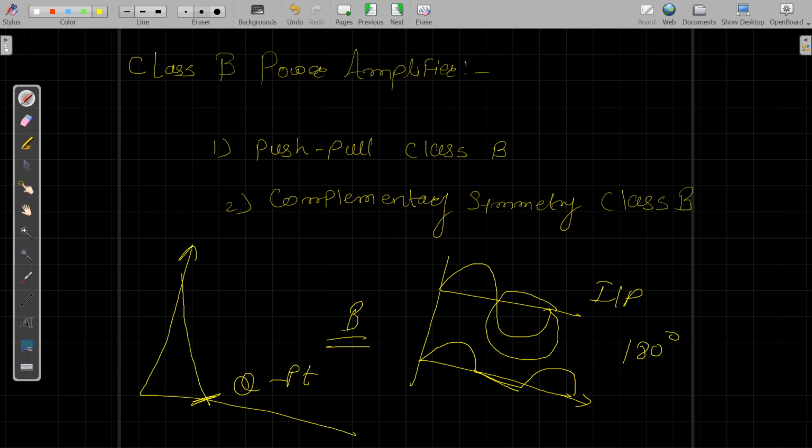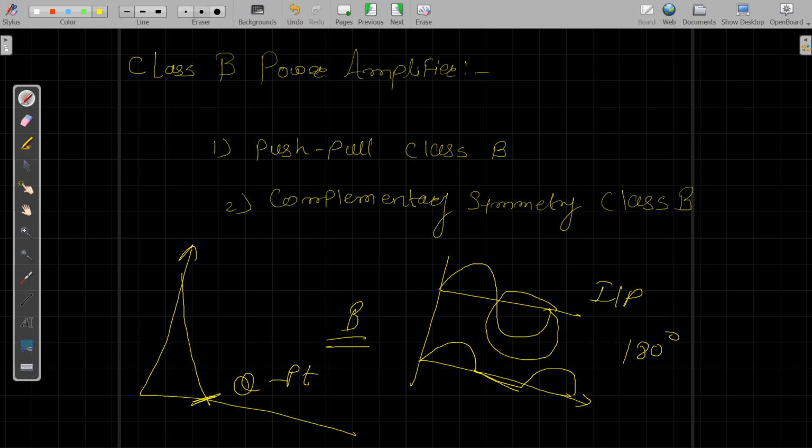And we have to assume that the two transistors should be identical in their characteristics. In other terms, those transistors which are ideally identical in their characteristics are called matched transistors. Now, depending upon the two types of transistors, whether you use PNP or NPN, two types of configurations are possible for this Class B power amplifier.